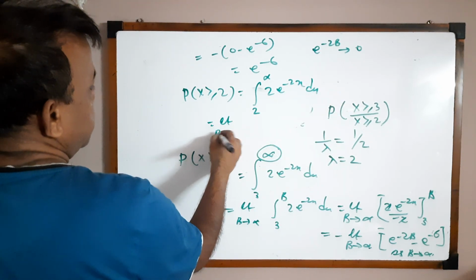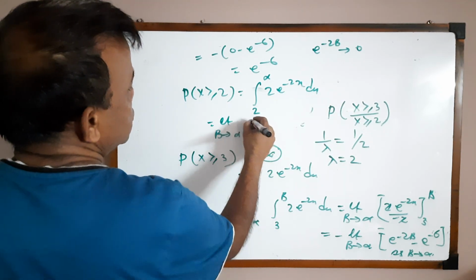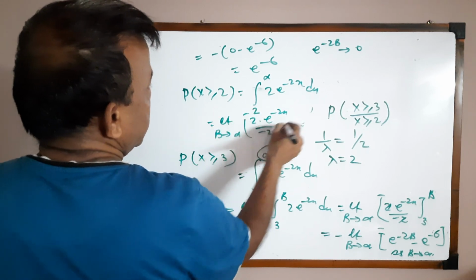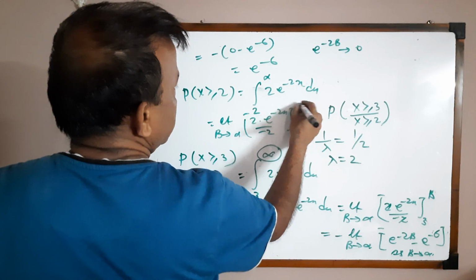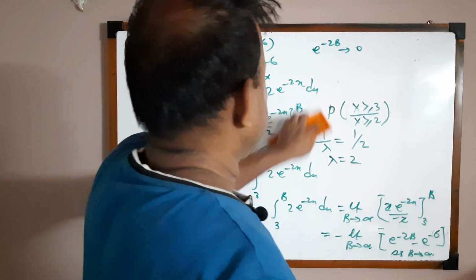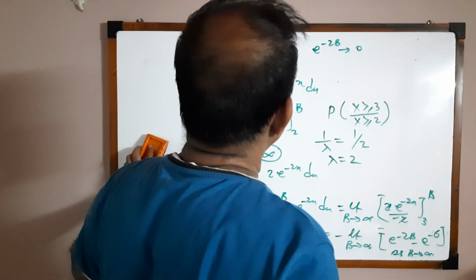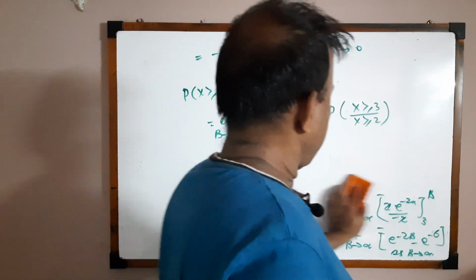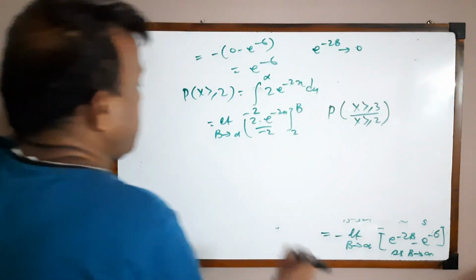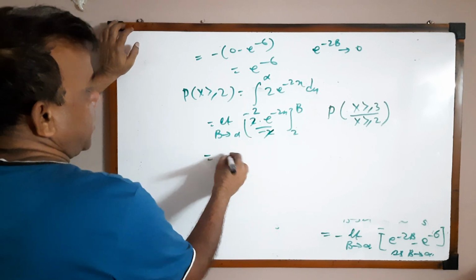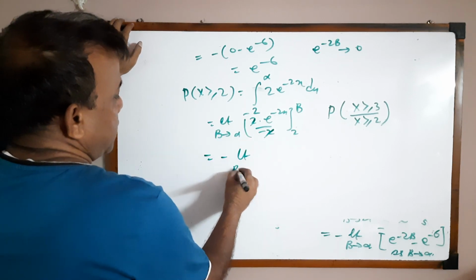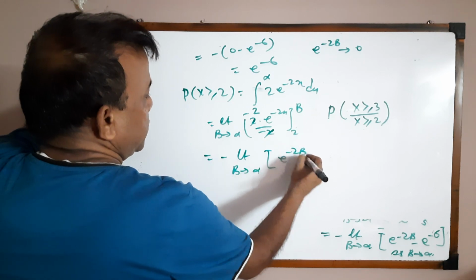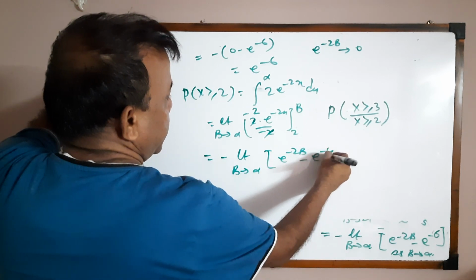Limit b tends to infinity of 2 into e to the power minus 2x by minus 2, from 2 to b, minus limit b tends to infinity, e to the power minus 2b minus e to the power minus 4.